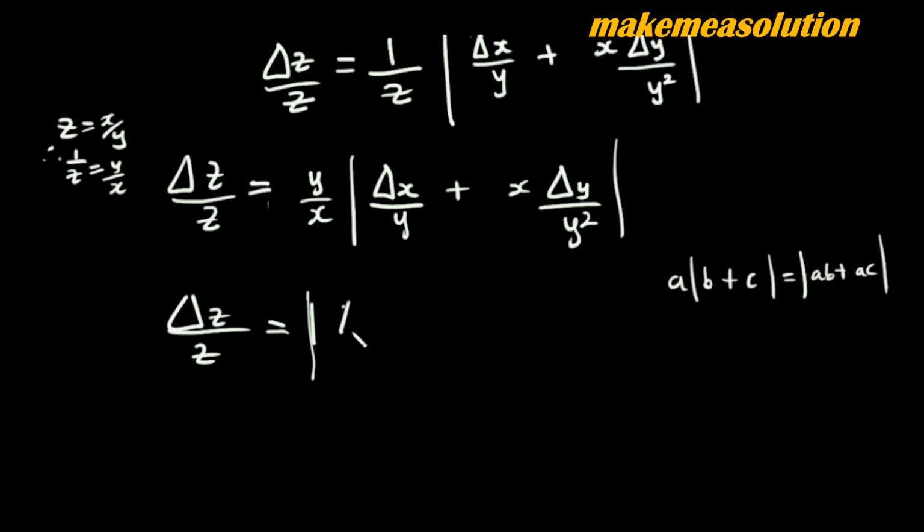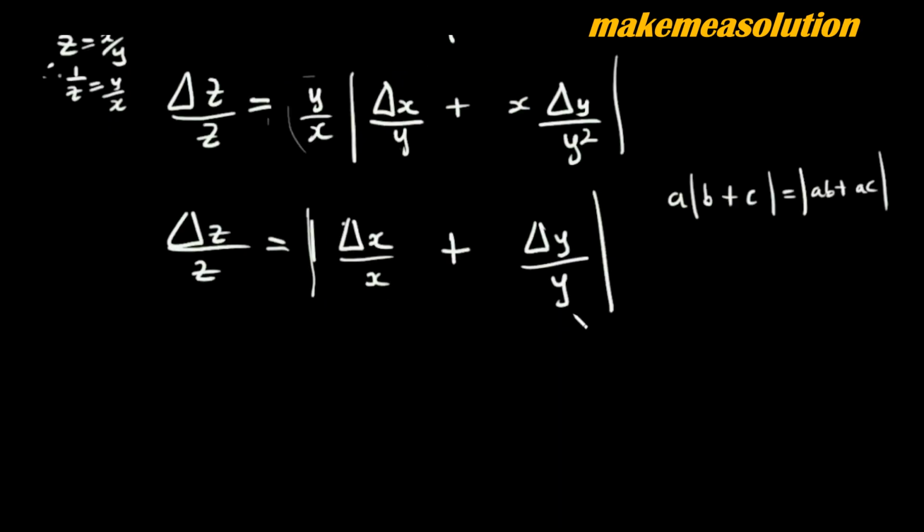Is that okay? Then I'll have delta x over x here, then plus, when you open this one, x will cancel out x, y will cancel out one y over here, then you'll definitely be left with delta y over y, like this. Is that okay? So when you open the brackets, this is what you should get.